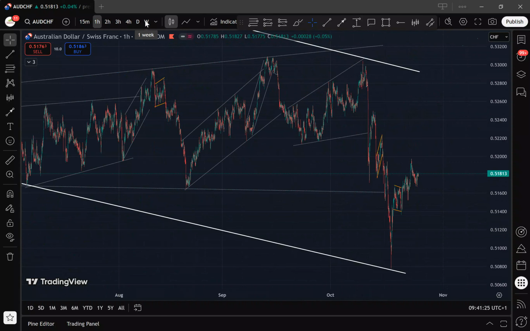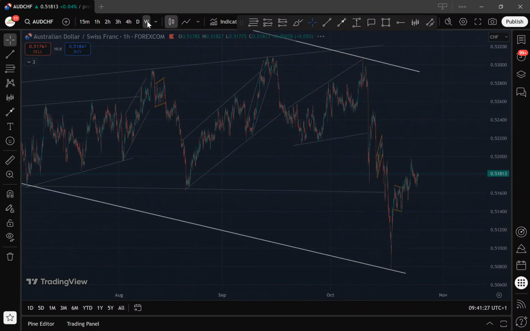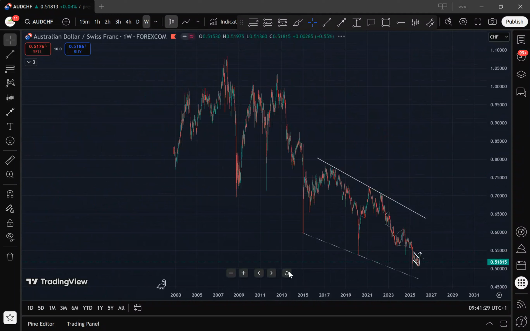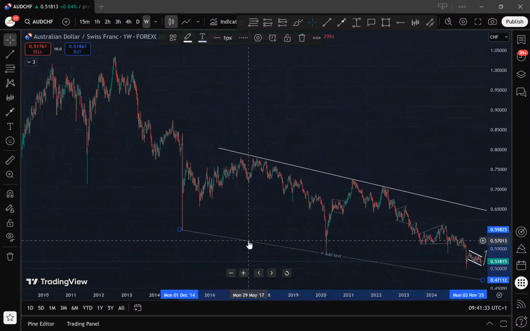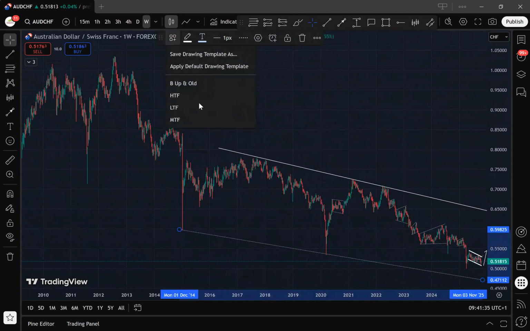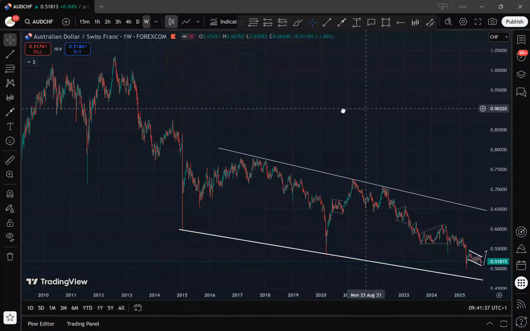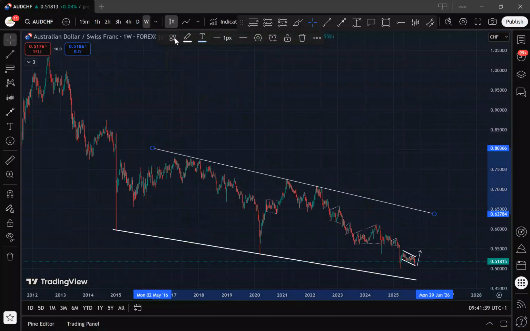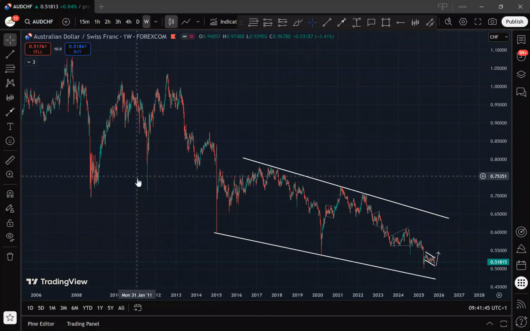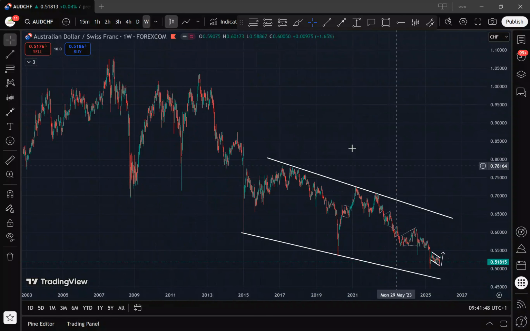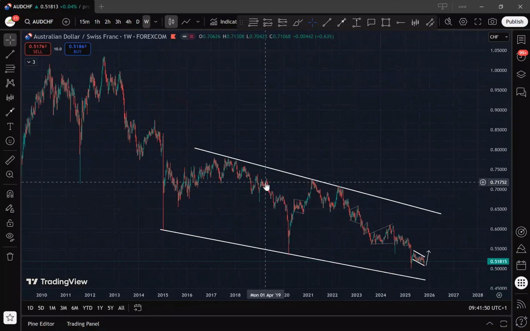AUDCHF. Yeah, last week I was looking at this market with a different view, but this week my view has changed, and I'm seeing it as a bullish structure. So on AUDCHF, we have this bullish reversal structure, bearish impulse, bullish reversal structure on the higher time frame.